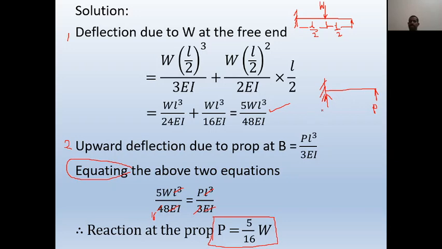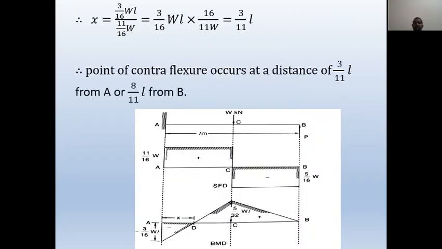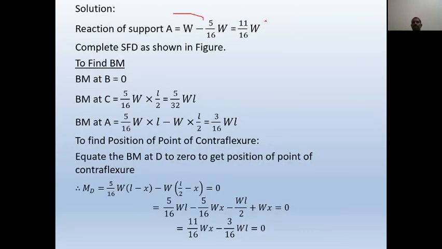To calculate the vertical reaction at A, we need to equate sigma V equal to 0. Sum of vertical forces: total downward force is W, whereas total upward force is 5 by 16 W, that is P, and some reaction at A. Therefore simply the difference of these two is the reaction at support A.